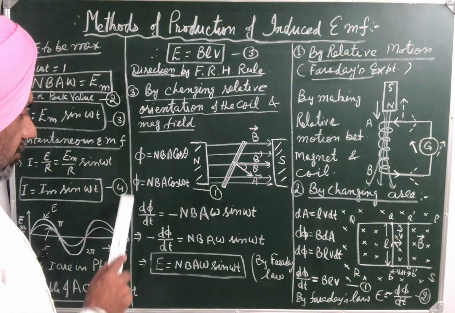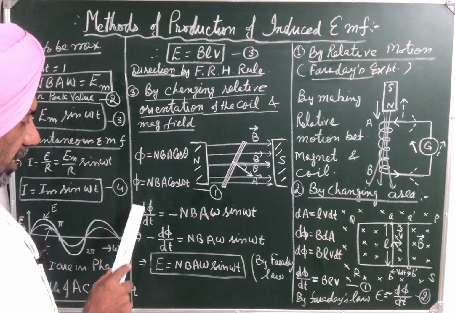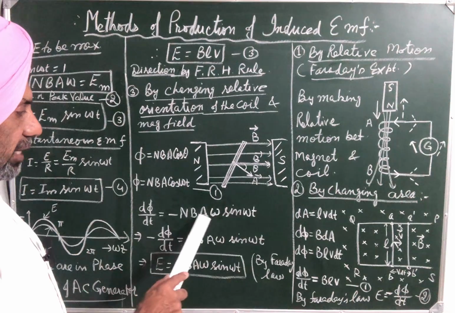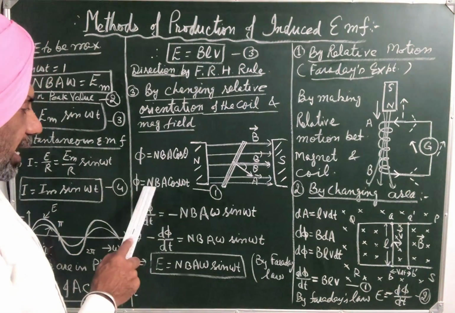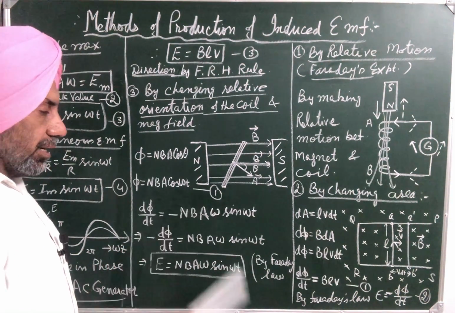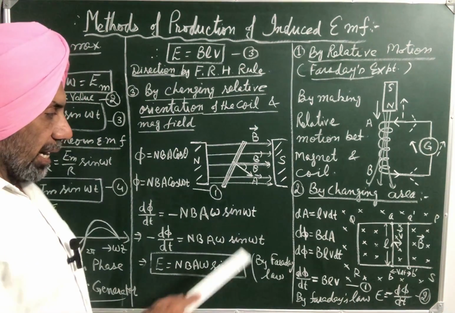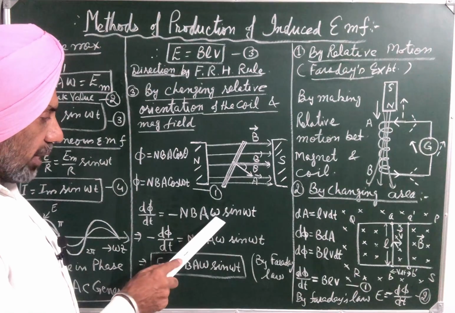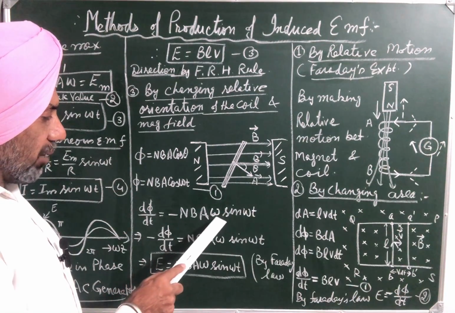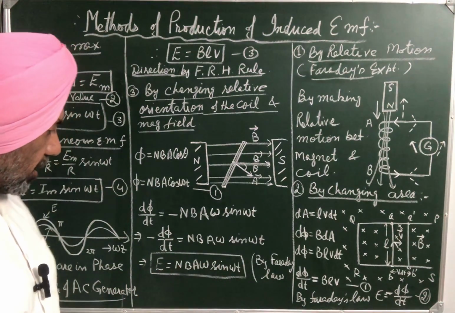Differentiating with respect to t, we have d phi by dt is equal to NBA times d by dt of cos omega t, which is minus sin omega t, and we multiply by the coefficient of t, omega. So it will be minus NBA omega sin omega t.